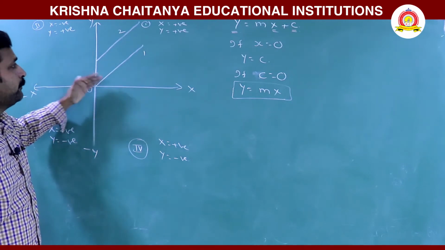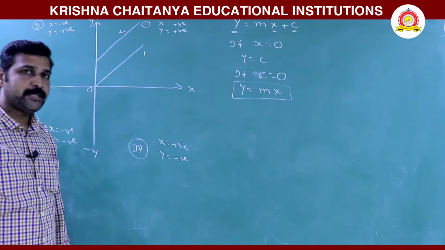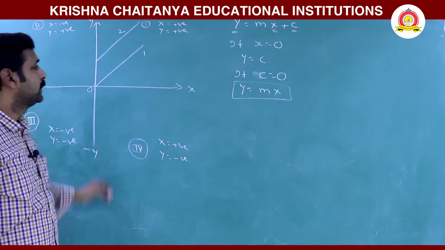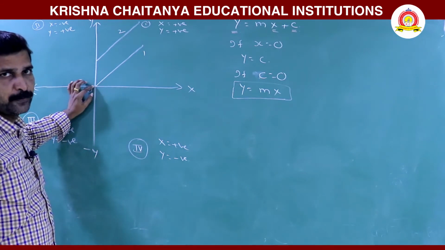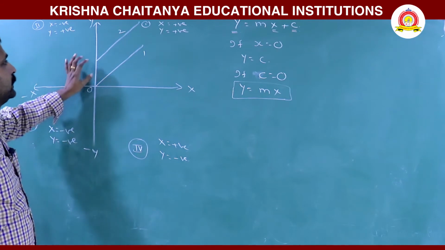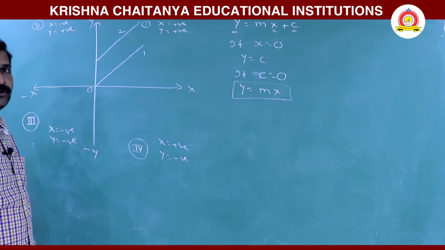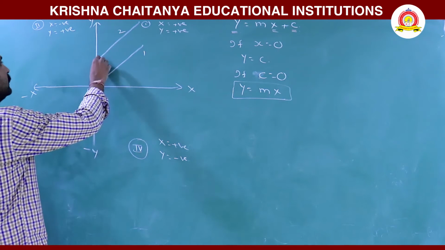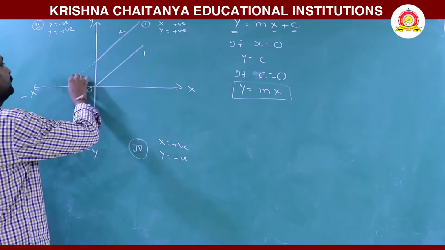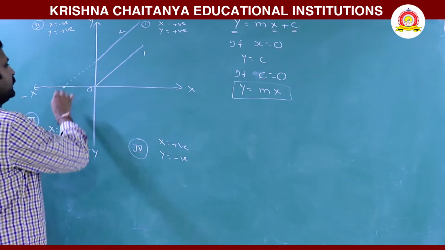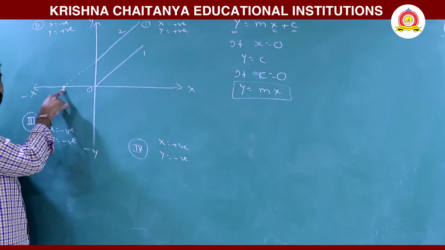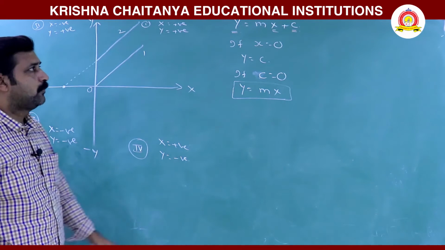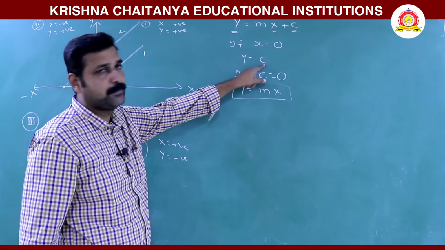Two straight lines are parallel. Then what is the difference between them? This straight line is passing through origin. But here, this straight line is not passing through origin. If this is extended, it intercepts the negative x-axis. Now, what we are saying? Y-intercept.